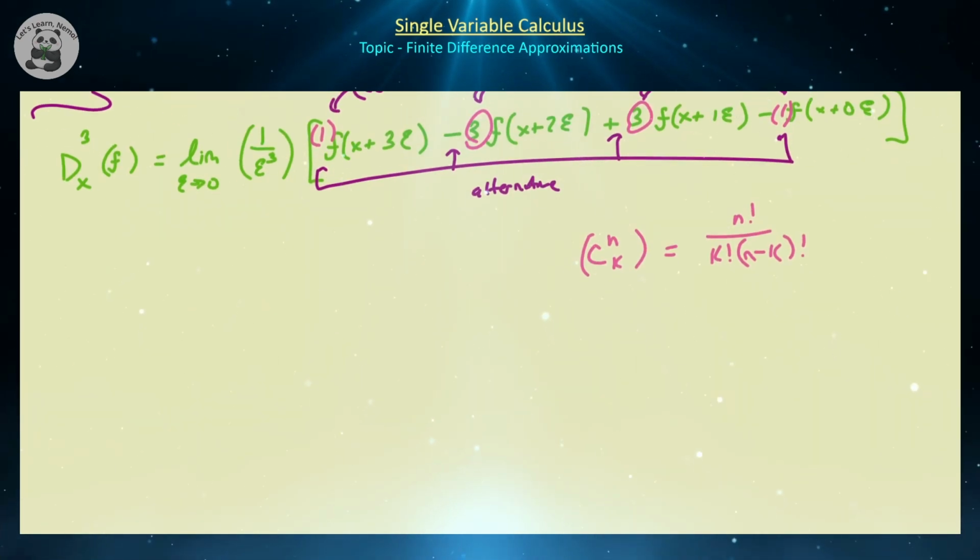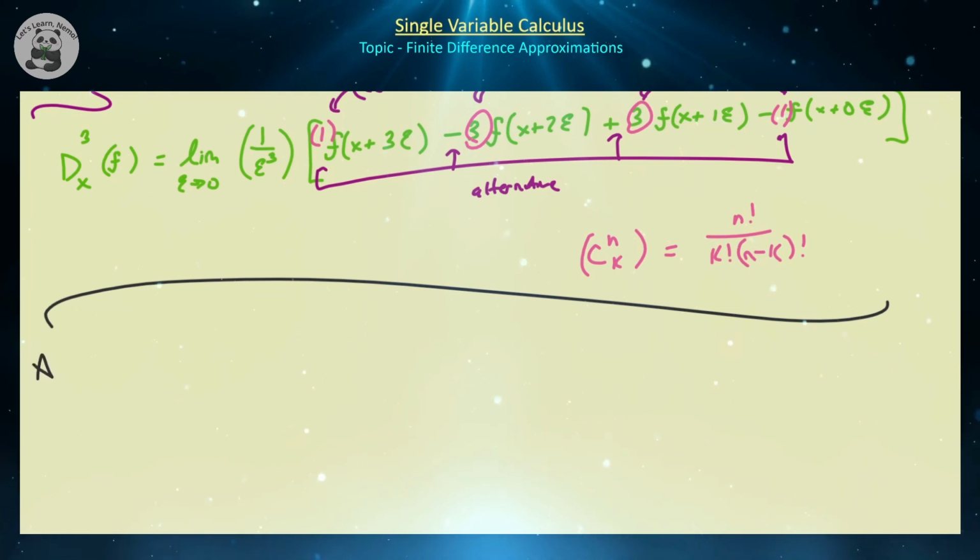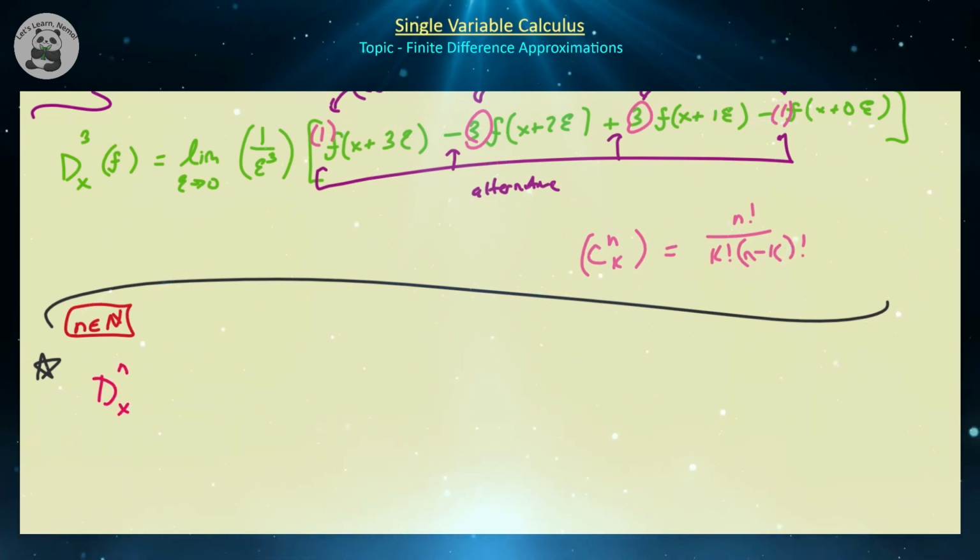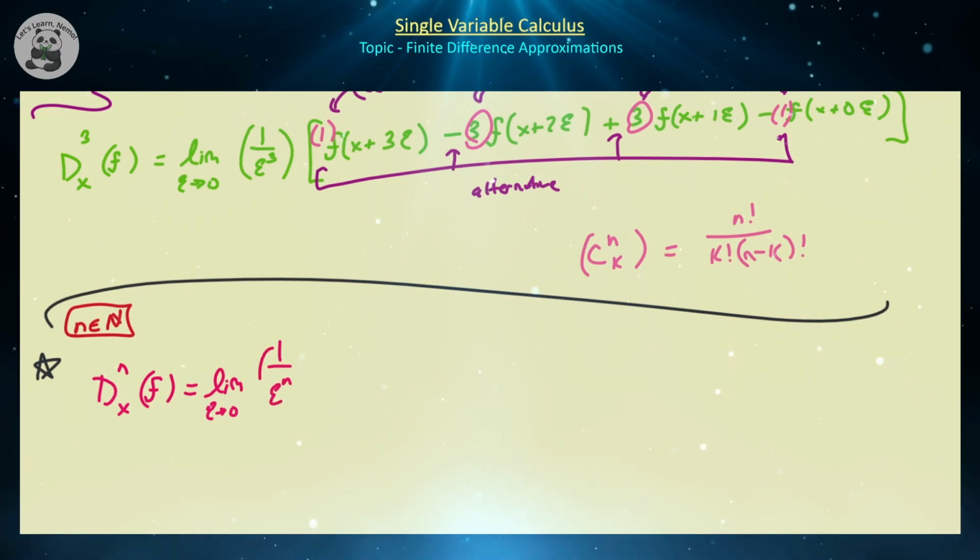So if you want to extend this to the general term, and indeed you can, if n is a natural number, then the nth derivative of f via the forward difference method can be found by the limit as epsilon goes to 0 of 1 divided by epsilon to the power of n times the summation from k equals 0 to n.